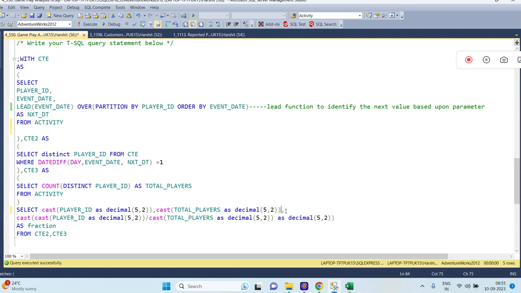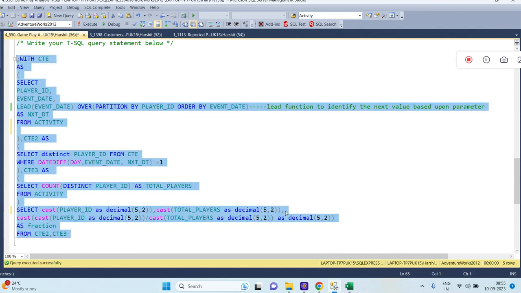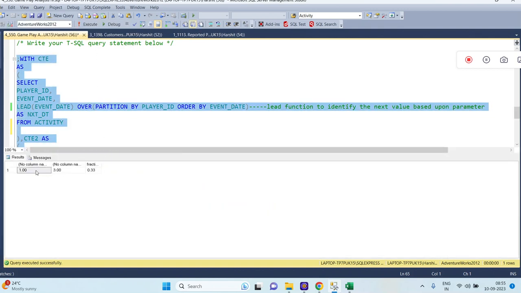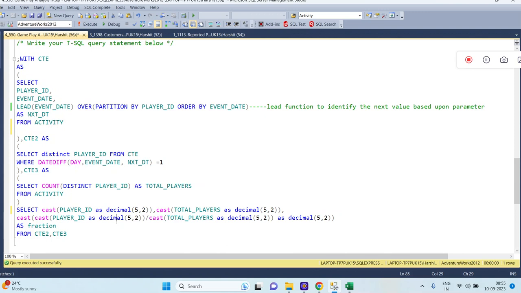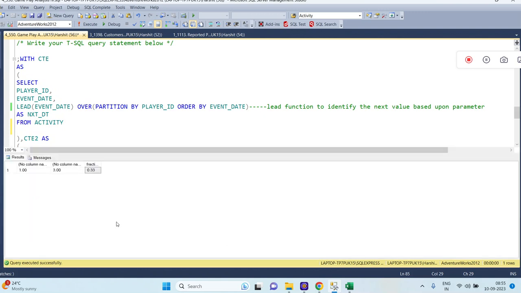This is extra, so we need to remove it. Now let me execute this query again. So if you see, 1 and 3 is our result, right? So here we need to do 1 divided by 3 and then multiply by 100 to identify the percentage. So 0.33 will be our answer, right?